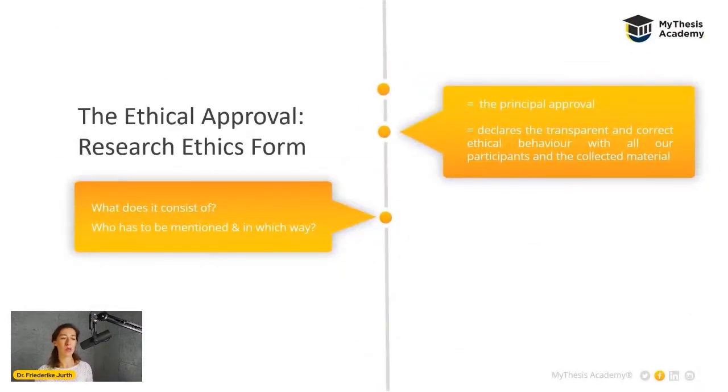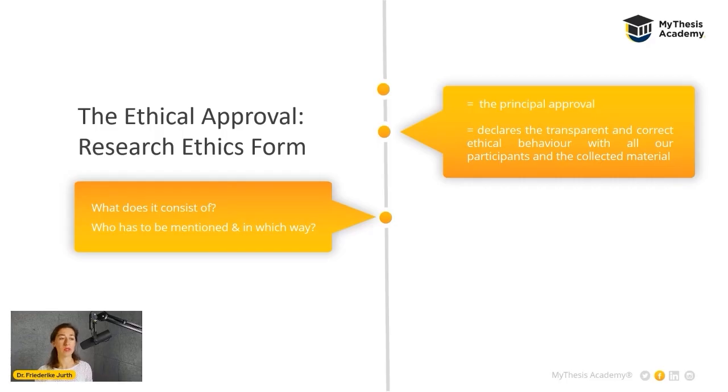So first, we want to know what the research ethics form consists of, who has to be mentioned, and also in which way. So who has to be mentioned, also which details are necessary to explain about the researchers. This can be you. This can also be your colleagues if there are more researchers involved in the project. And we want to approach the ethical approval from different perspectives.